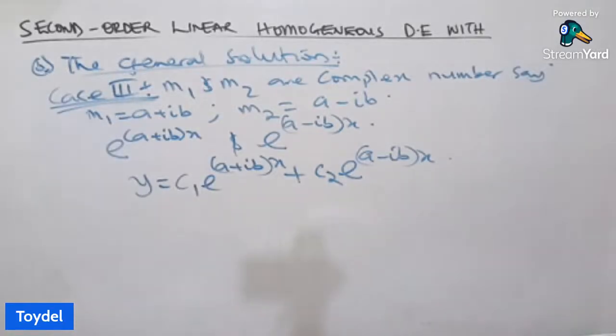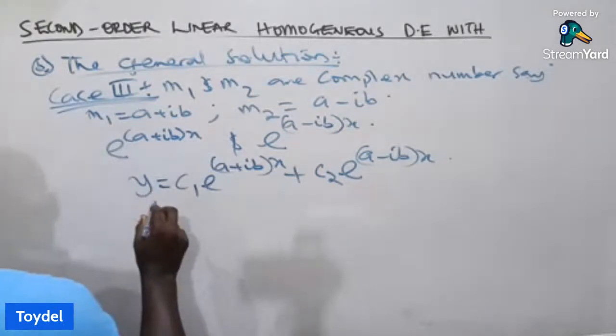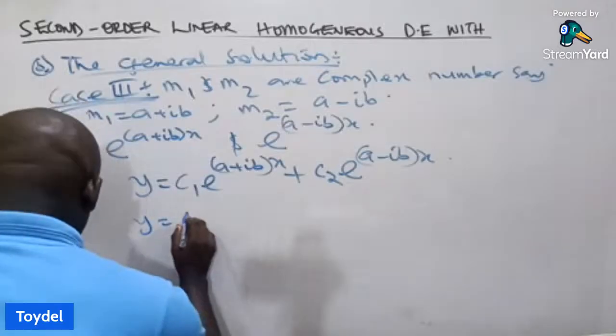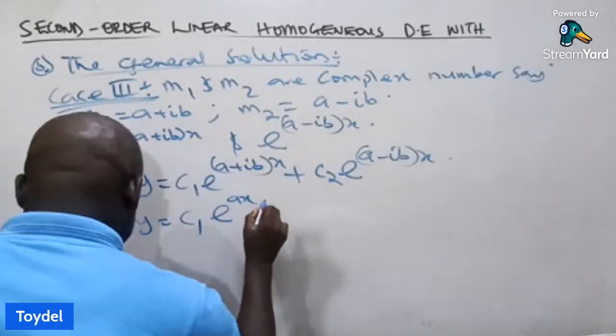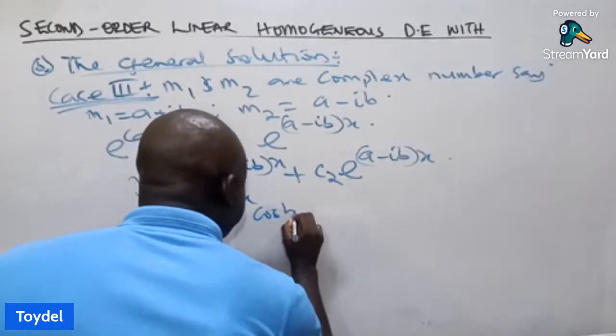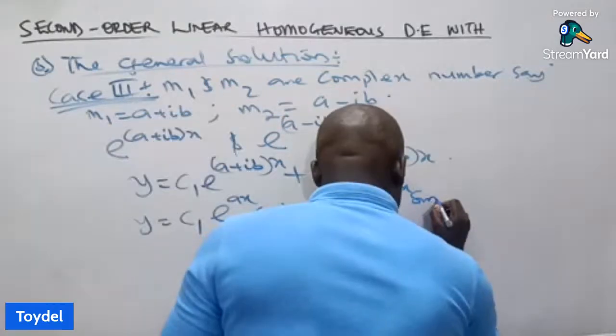Okay. This general solution, when the two roots are complex numbers, we can actually rewrite, which is algebraically equal to y equal to C1 exponential ax cos bx plus C2 exponential ax sin bx.